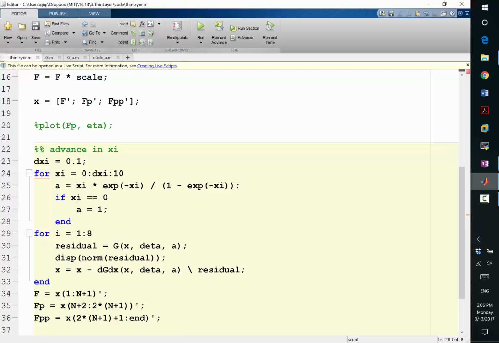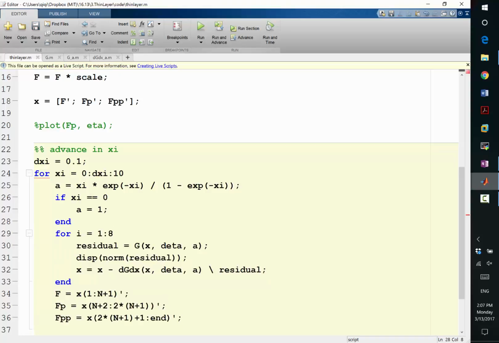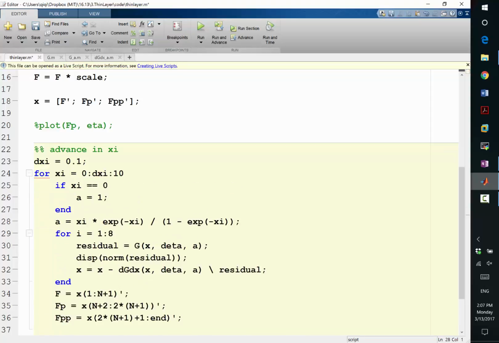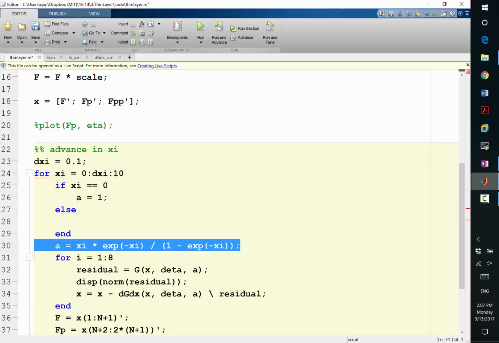Maybe we can avoid this somehow, but I don't know for sure. Should the if condition be on top? Then it's going to be overwritten, so we can either do this or we can do else, right? Can do else. A is equal to that.